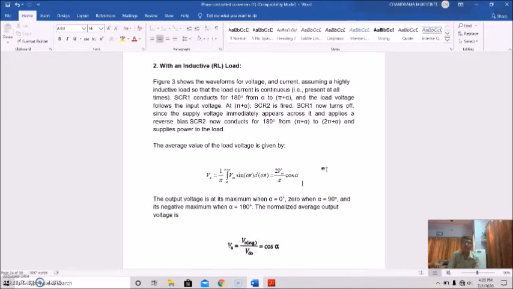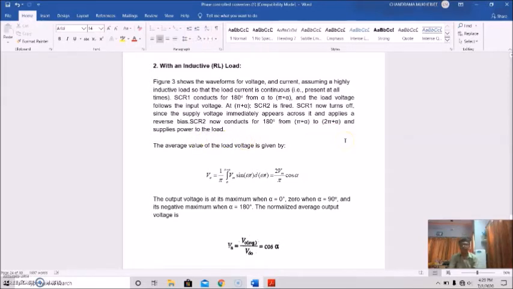The supply voltage immediately appears across it in the negative half of the supply voltage, so it will be off, reverse biased. So SCR2 now conducts again for 180 degrees from pi plus alpha to 2 pi plus alpha, and supplies power to the load.